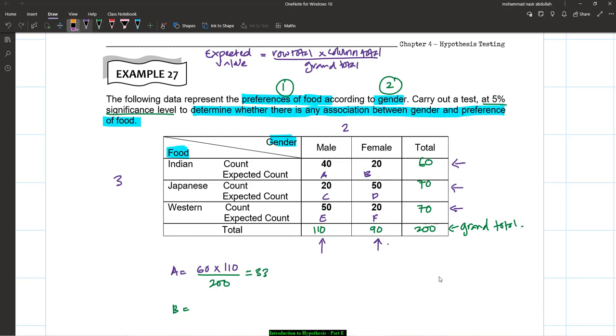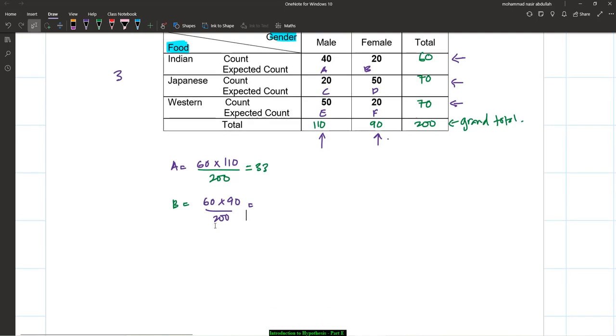So row total for B is 60. Column total for B is 90 divided by 200. Right? Later on we will do a calculation. And then for C, row total for C is 70 multiply with 110 divided by 200.